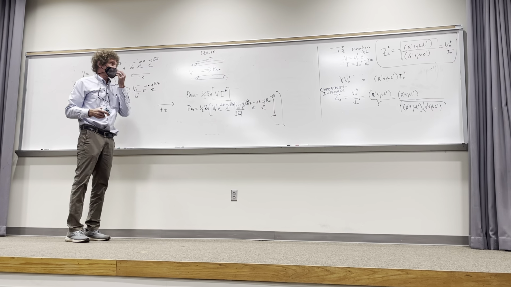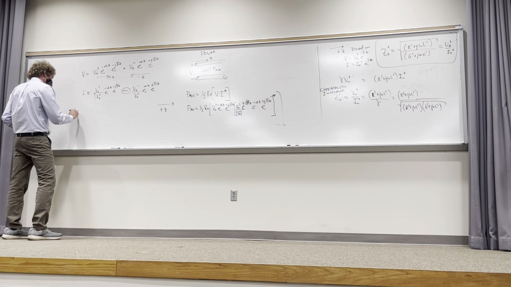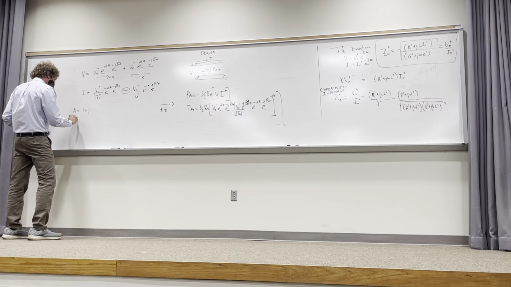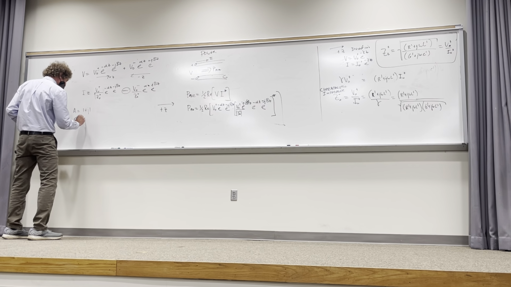Now, what does conjugation mean? If I have a quantity A equal to 1 plus j1, what is A conjugated, class? 1 minus j1, right?